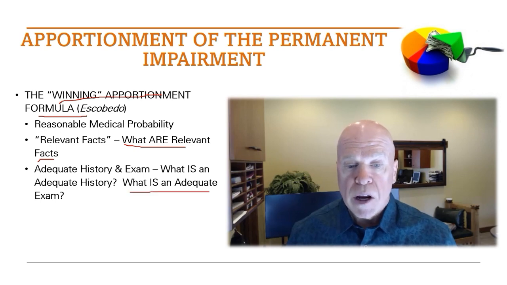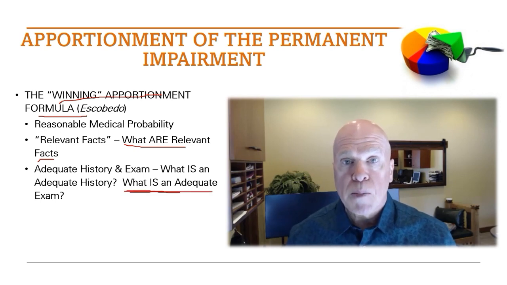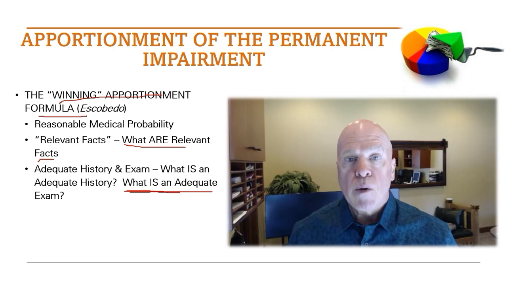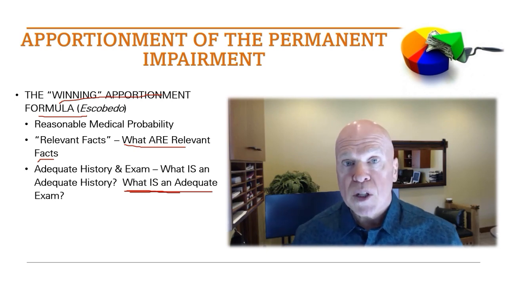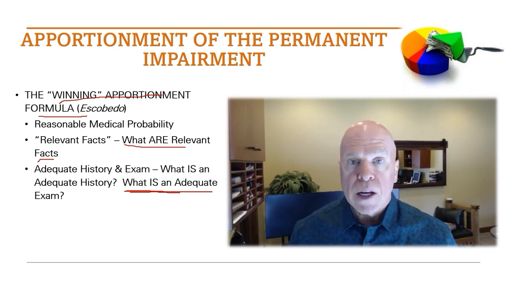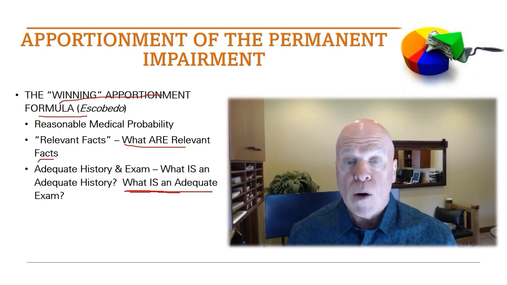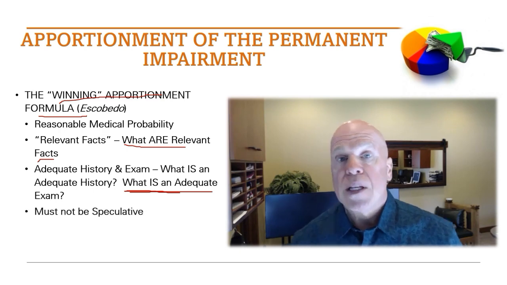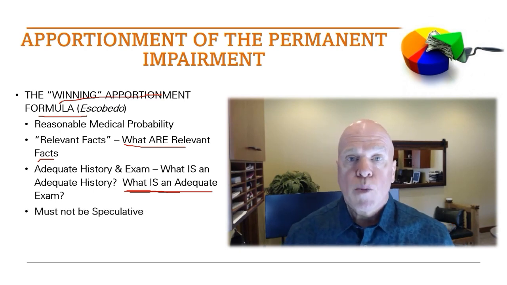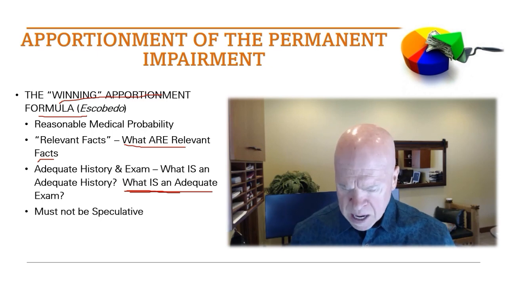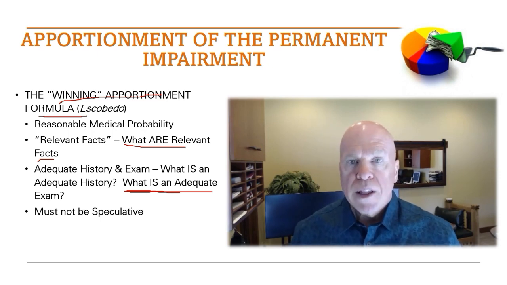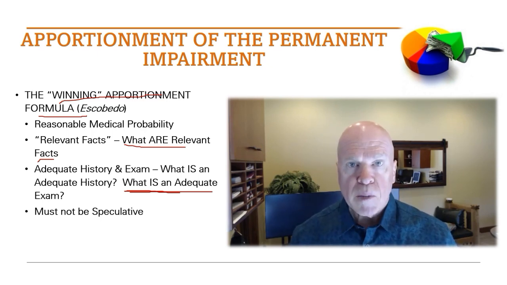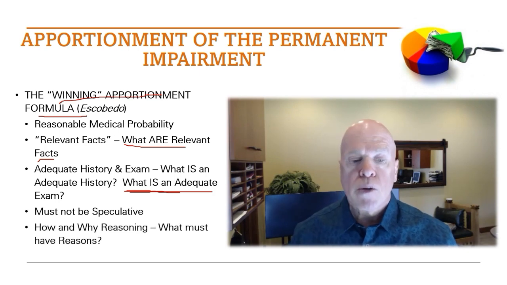And this is an area where the parties can attack you in deposition, and I would, if I was an angry and upset attorney concerned about accuracy of the apportionment approximate percentages, I would inquire as to how accurate and how adequate was the evaluator's exam, and did the evaluator follow procedures described in the AMA Guides. The opinion must not be speculative, must not involve guess or conjecture, and the opinion must contain how and why reasons.